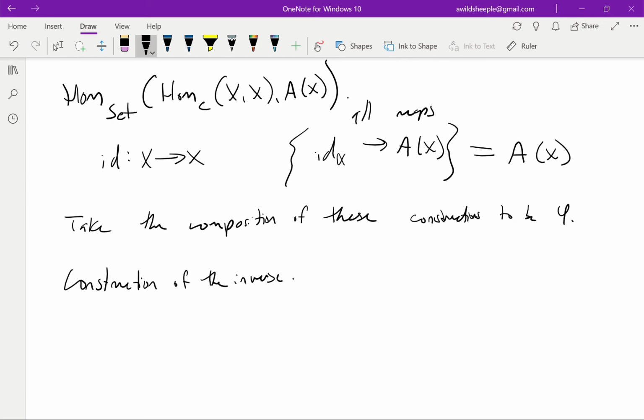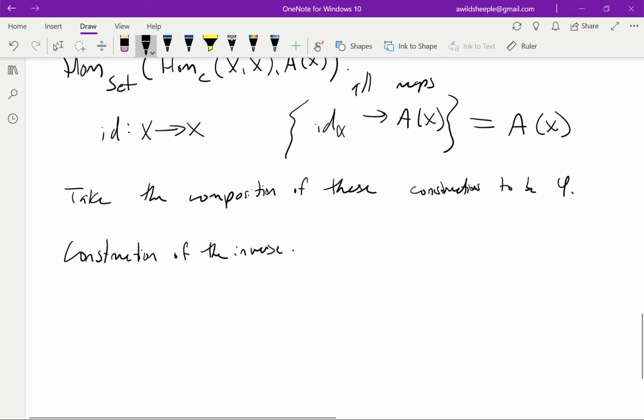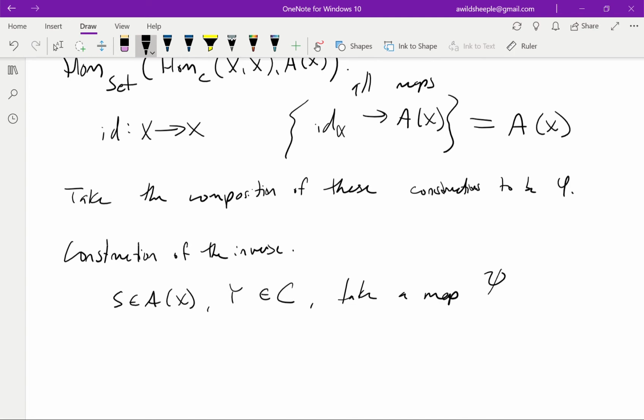So what we do is we associate to each S in A X, and Y in C, a map, which we'll call psi, and we'll index it with some notation to remember where we took it from.